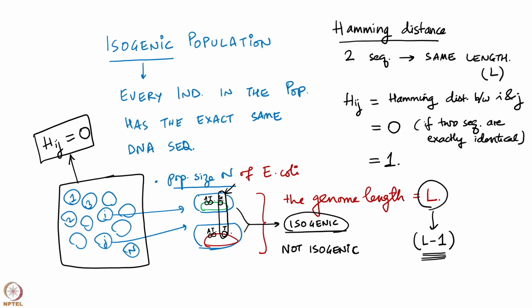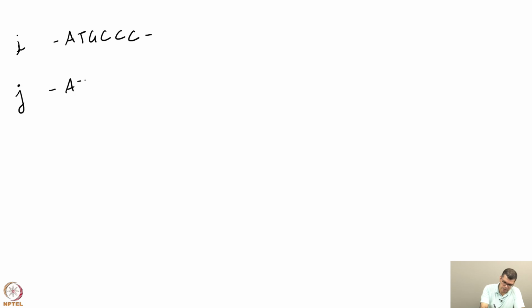For instance, if I have a DNA sequence ATGCCC, this is from individual I, and if I take individual J, its sequence is ATGCCC, and then obviously the Hamming distance between them is just 0.